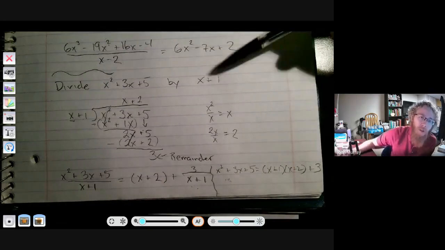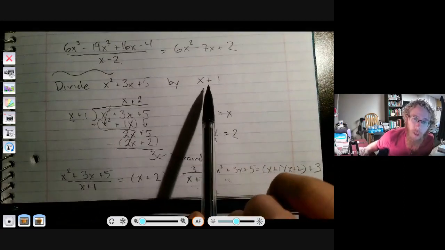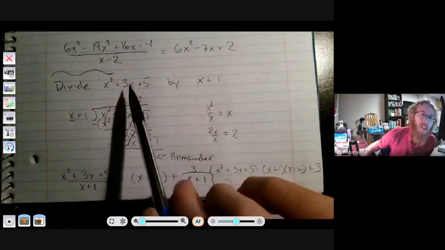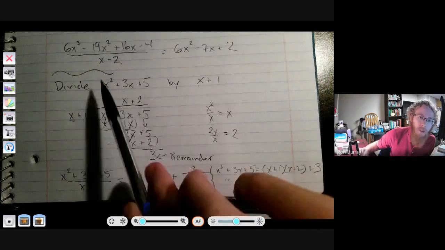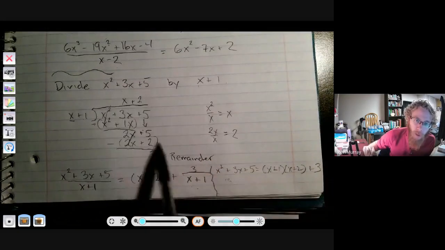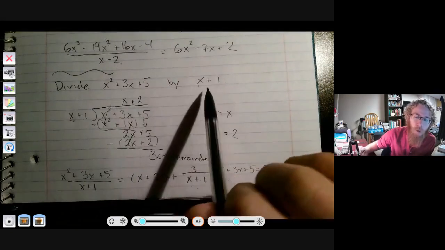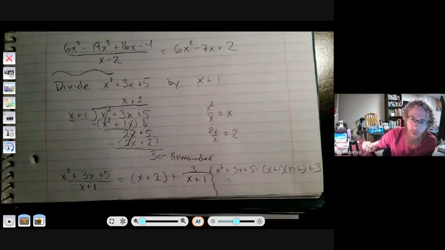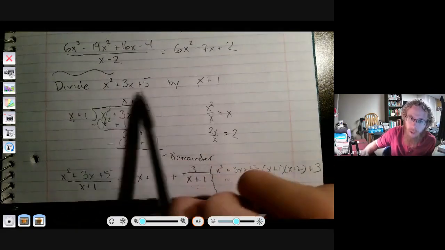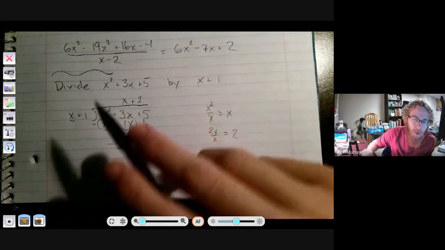Actually, before I move on, what we can say with this too, if I want to take it a step further, is that x plus 1 is not a factor of my polynomial x squared plus 3x plus 5 because we have that remainder. It doesn't go in nicely, so it's not a true factor.